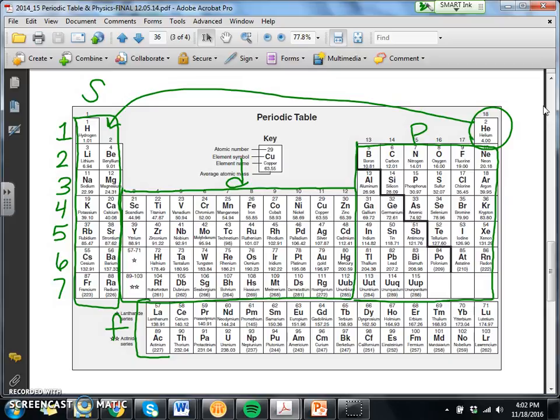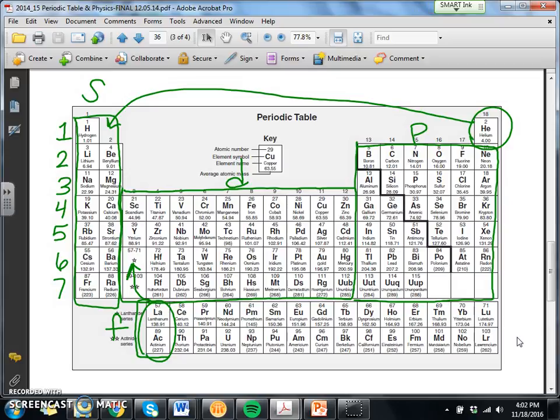Now, the first 2 boxes actually belong right here where the stars are. So if we count, starting with thorium, we can count 1, 2, 3, 4, 5, 6, 7, 8, 9, 10, 11, 12, 13, 14, which is the total number of electrons we would expect in the F sublevel.